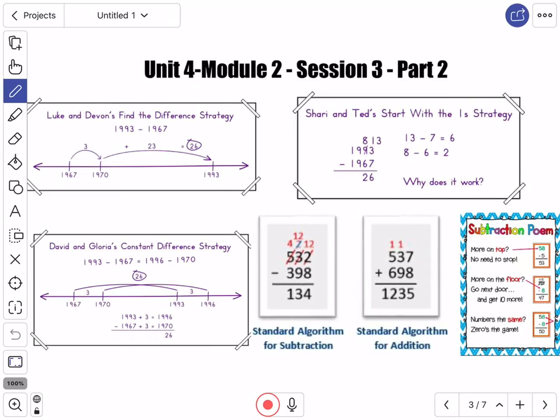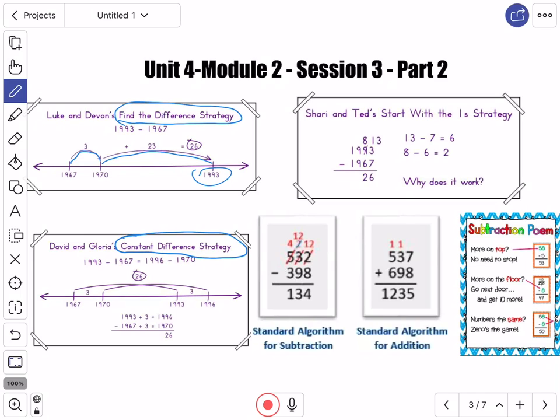All right, moving on. I'm just going to show you some of the strategies that we've talked about already. So we've talked about the find the difference strategy. If you were doing 1993 minus 1967, you could simply jump from 1967 3 spaces and then jump 23 more to get to 1993, and you would have jumped 26 spaces. So there's the find the difference. You might like that one. Or you might like the constant difference strategy. If you remember that one, it reminds me of fractions.